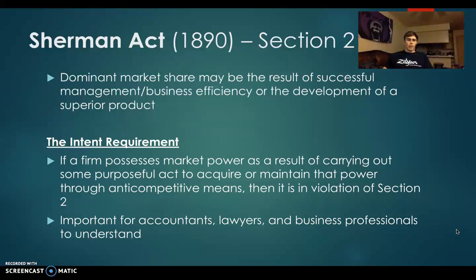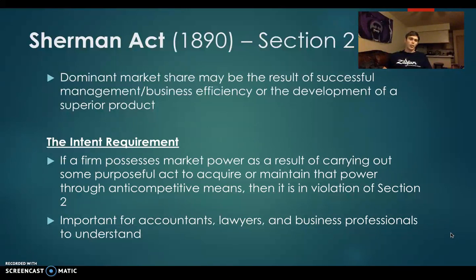So, basically, this is saying that you actually have to purposefully engage in unfair or non-competitive business practices in order to be in violation of Section 2. I think this is really important for accountants, lawyers, and business professionals to understand.